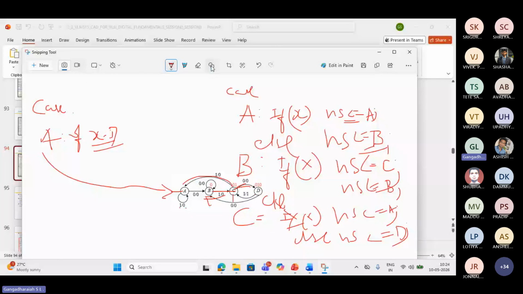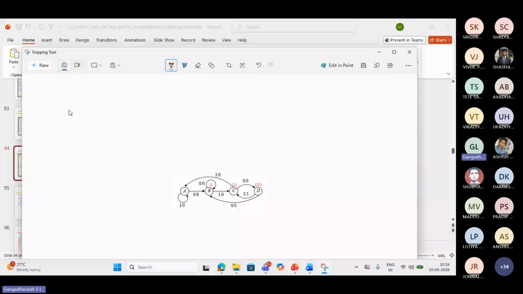Z is 0. Else, if X is 0, what is Z? Z is 0.